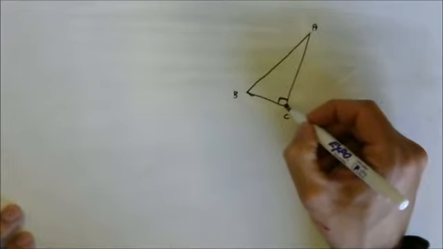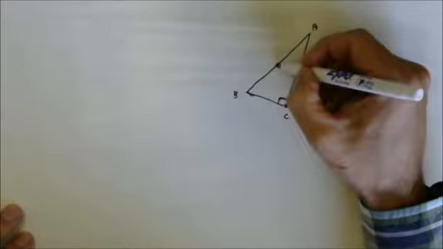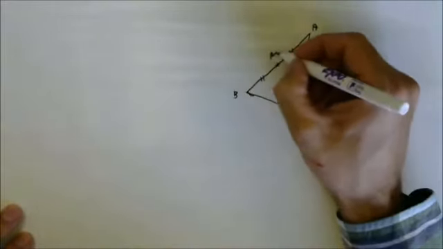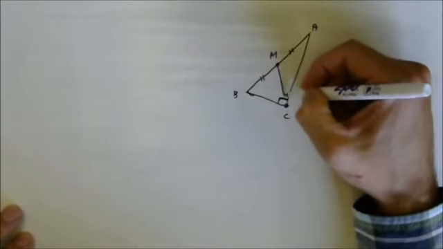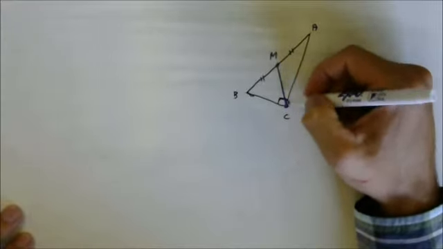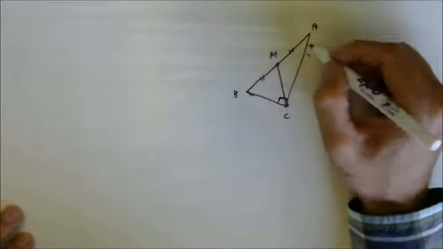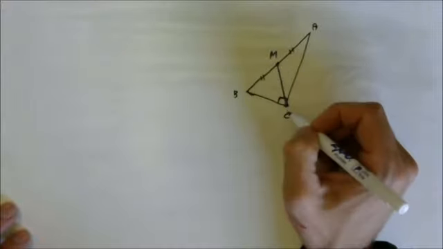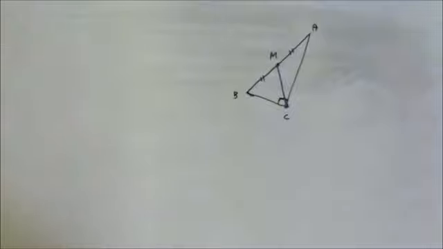So we're going from C, pay attention, to the midpoint of AB. So we need to find the midpoint of AB, and then we need to find the length of this line and the length of the hypotenuse and compare those lengths. And it should come out that MC is half the length of AB. Okay?